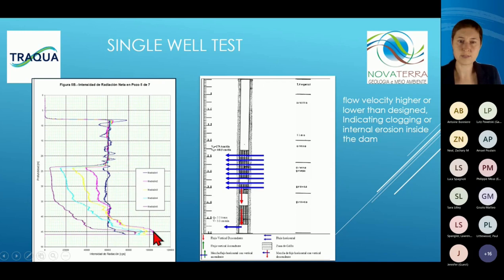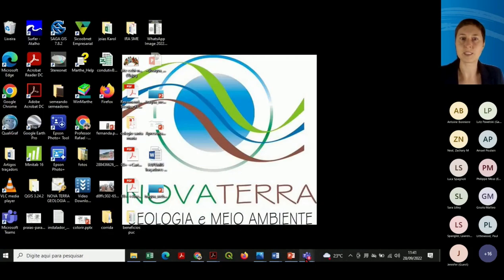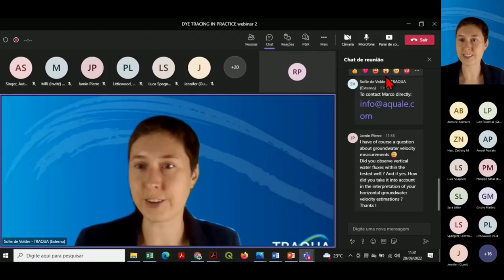The interpretation of this is that the tracer was located in this part, moved down the well, and here at the bottom, the tracer concentration decreased in time. That was the interpretation of this author. Okay, I hope this answered your question, Pierre.